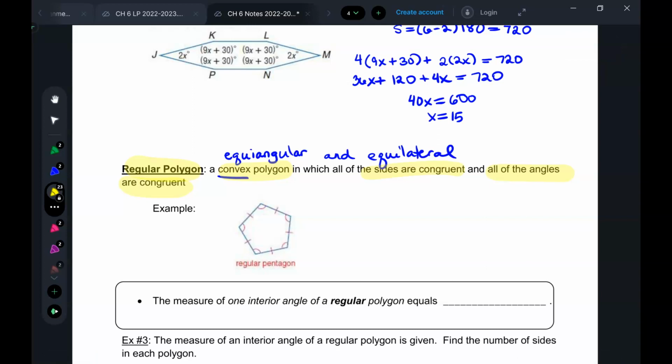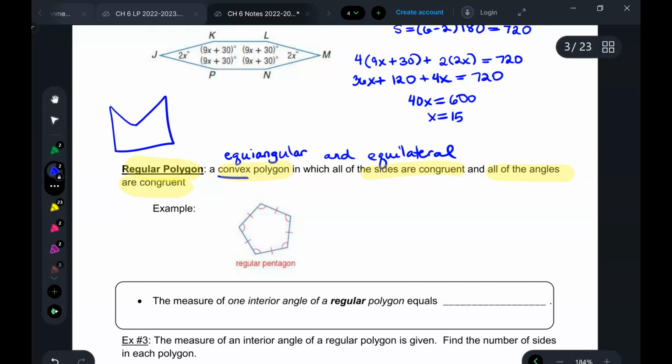Here's an example. We can't have a regular one. It's impossible. It's concave, so it's irregular. Look at this angle here. When I have a concave polygon, I end up with an angle that's bigger than 180.